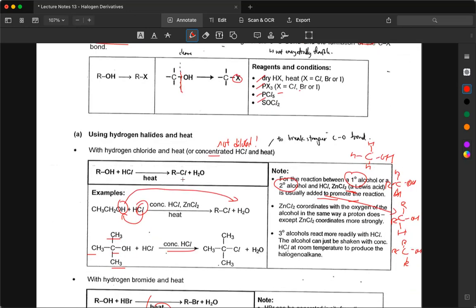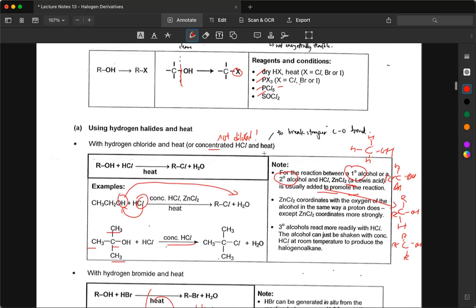Now, the first method involves the use of hydrogen chloride and heat. If a solution of hydrogen chloride is needed, it should be concentrated and not dilute. The heating is necessary to break the stronger C-O bond in the alcohol.